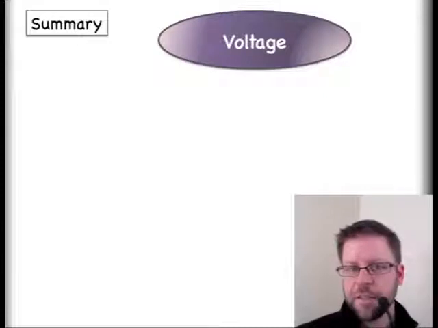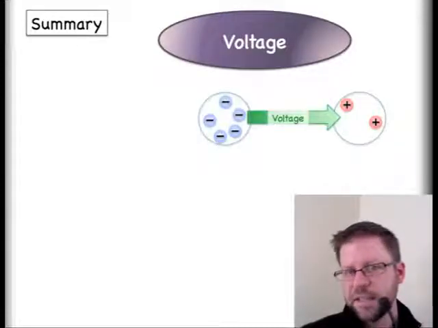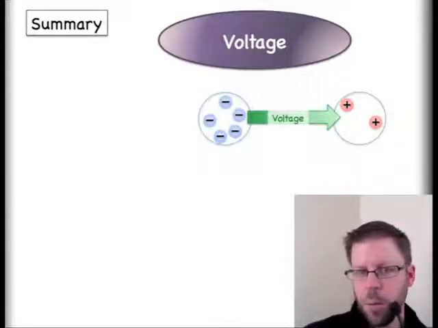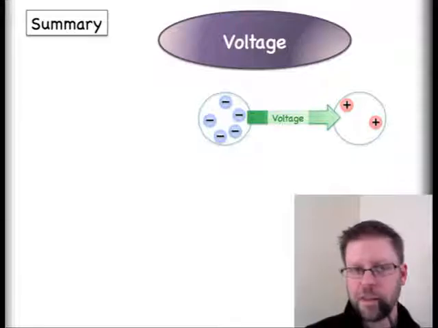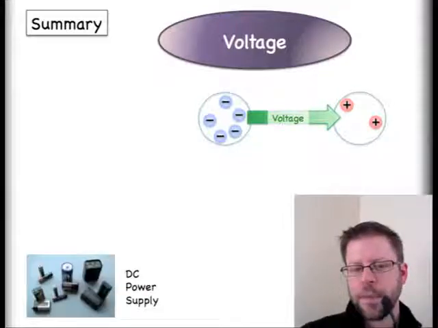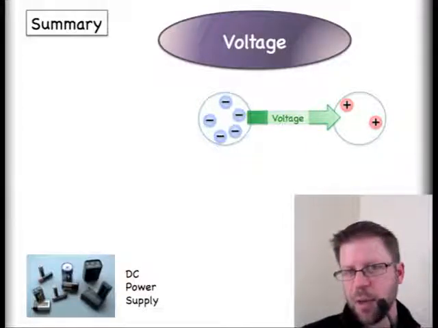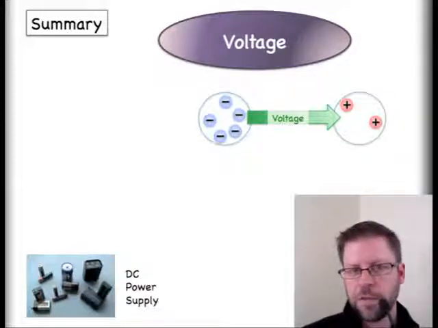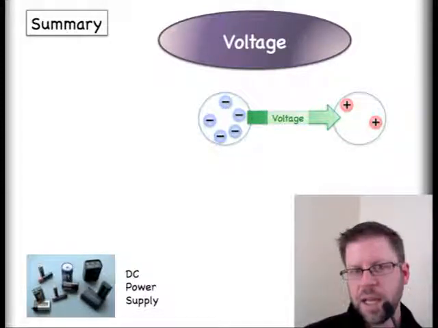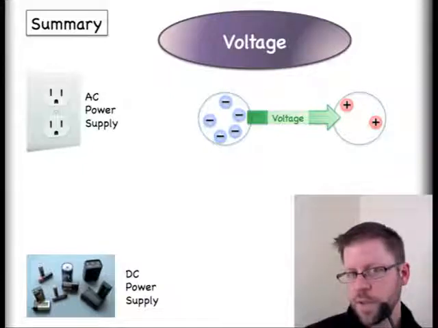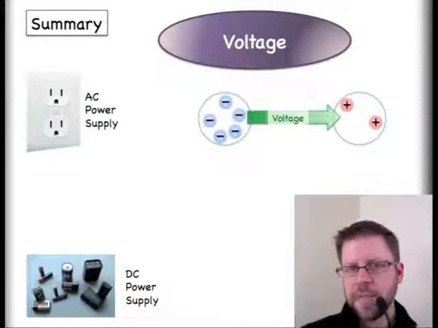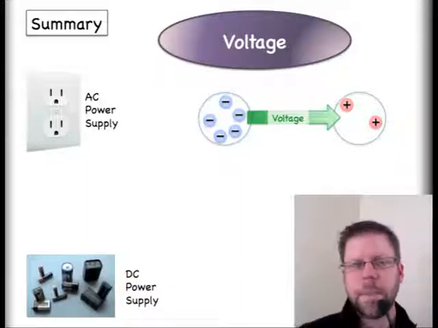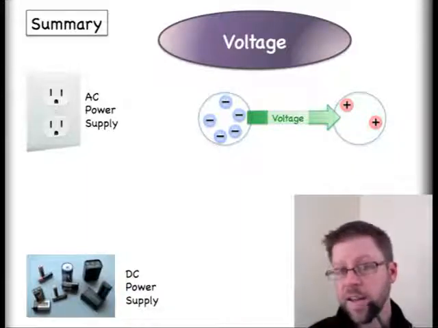Big picture idea, voltage we said was a difference in the electric potential from one location to another location. It is a change in potential energy per amount of charge. We talked about DC power and how it maintains a constant voltage across the terminals, and we compared that to AC voltage and how it actually has this changing voltage that goes up and down, and it causes the electrons to go back and forth inside of a wire.